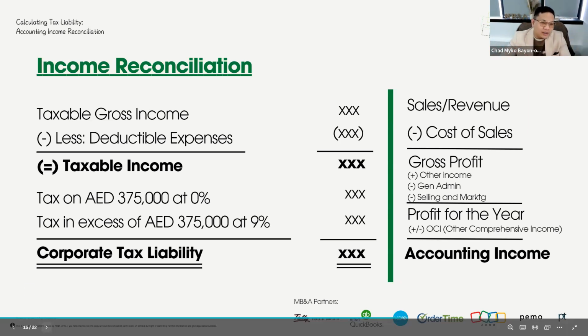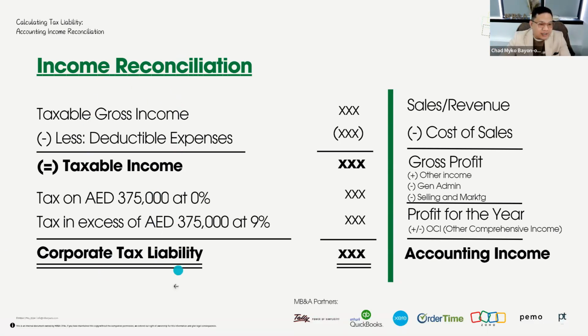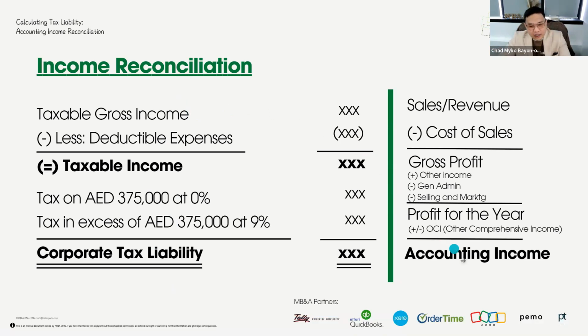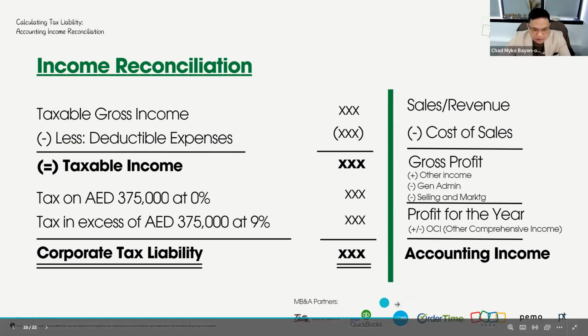It's almost the same as the normal calculation of the corporate tax liability, because the basis is accounting income, and then we need to reconcile the difference between the acceptable taxable gross income and the acceptable deductible expenses to arrive at our taxable income. So whatever the difference is, that should be reflected as part of your adjustments here.